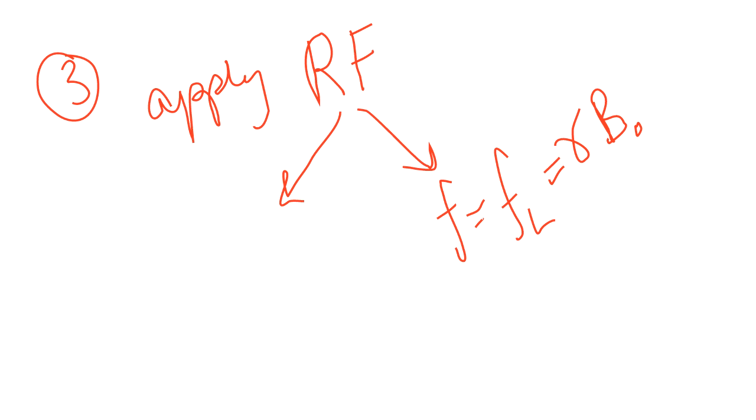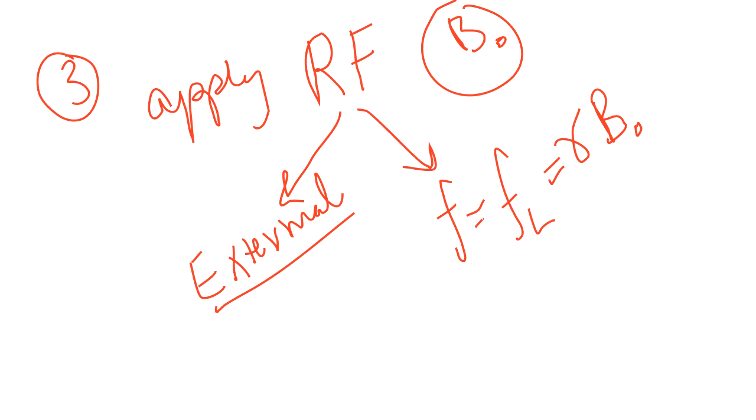Number 2, it must be external. Okay, external means what? It has no relation to the magnetic field. It's a completely different circuit, and there is a reason for that, but that's none of our business. Just make sure that it stays external, and it has the same value as the Larmor frequency.